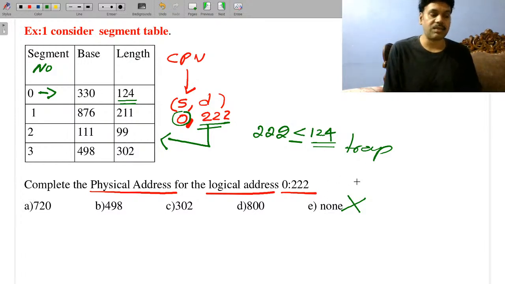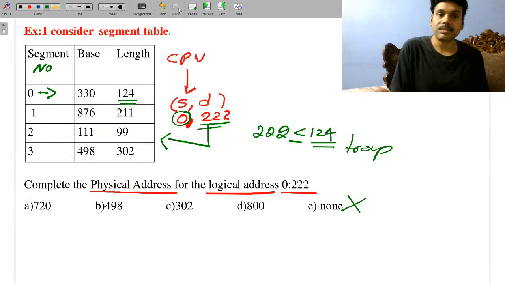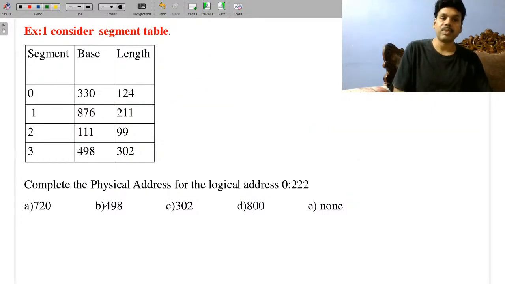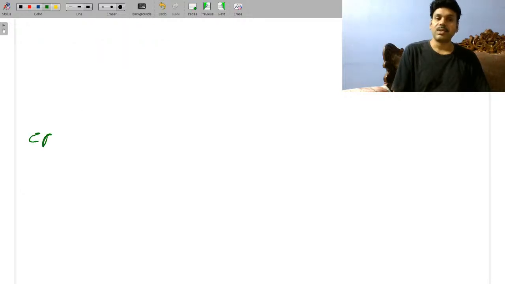Please understand carefully. What did we do here? We did a few kinds of validation process. What is the validation process? Understand. So now I'm drawing the validation process here. Whenever the CPU generates an address in the form of LA, which consists of S comma D, first I will point to the segment map table only.